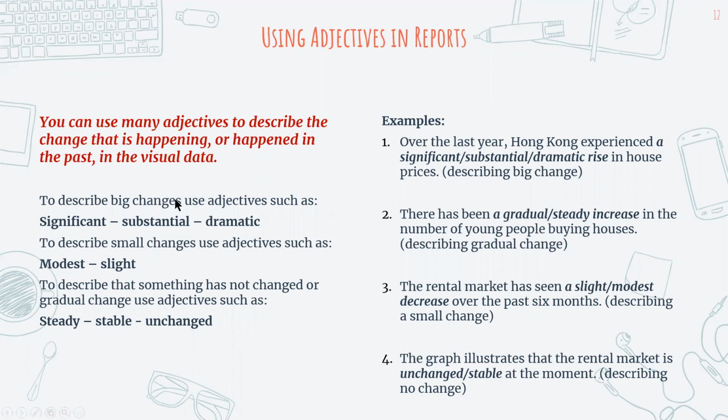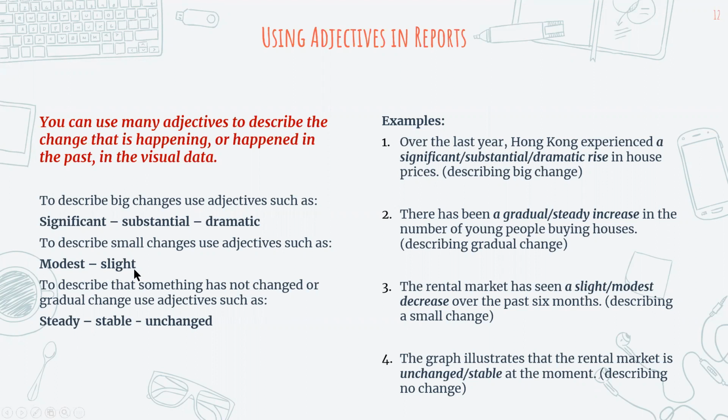To describe big changes, use adjectives such as significant, substantial, dramatic. There was a dramatic change from the year or maybe last year and so on. So you would say a dramatic change. To describe small changes, use adjectives such as modest or slight.